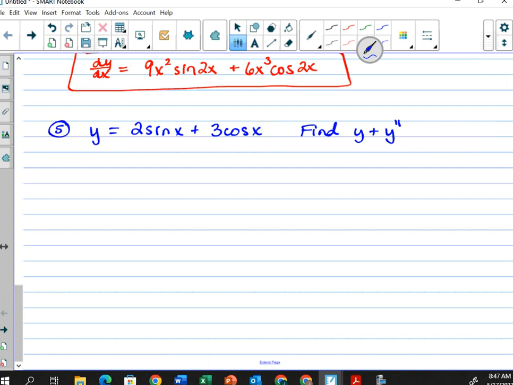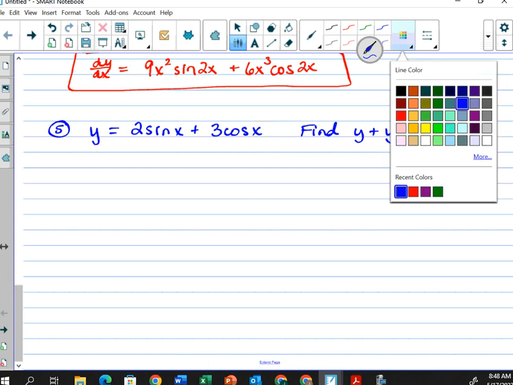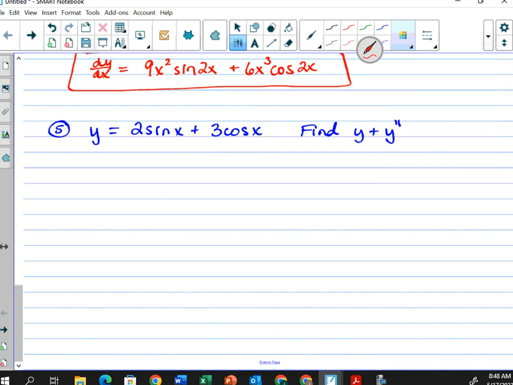All right, guys, let's look. What is the first derivative? What is the second derivative?